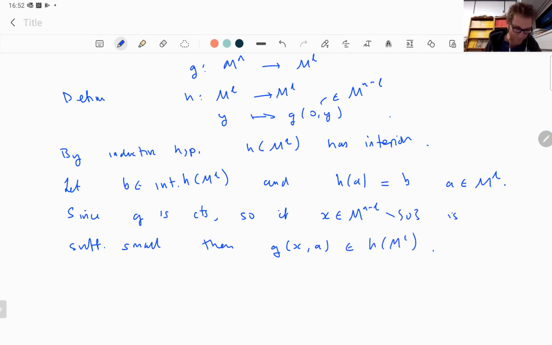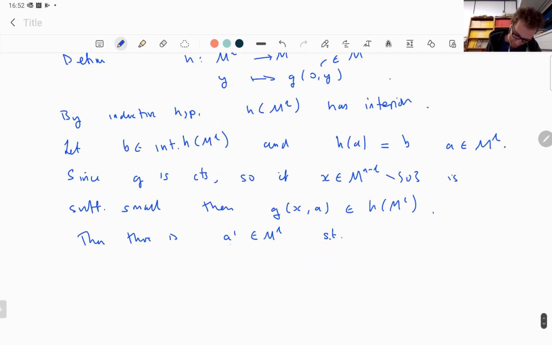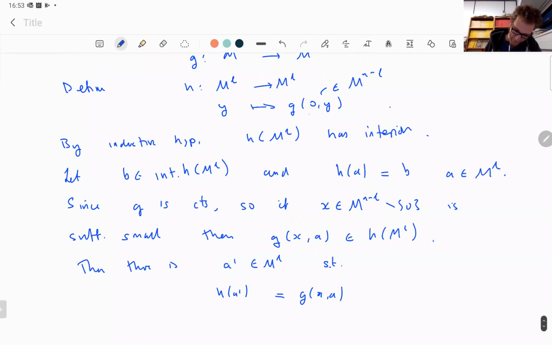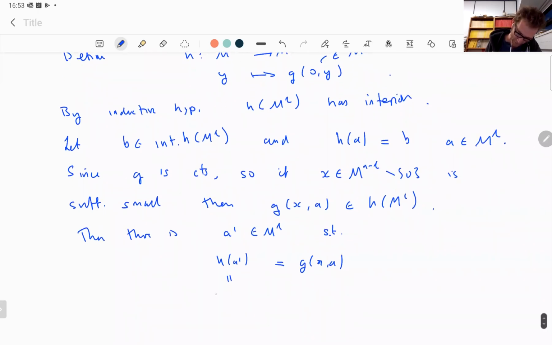So it's equal to H of something. So there's an A prime in M to the L such that H of A prime is G of xA. And then by the definition of H, that's equal to G of 0A prime. But these are different, so G is not injective, and we assumed it was.